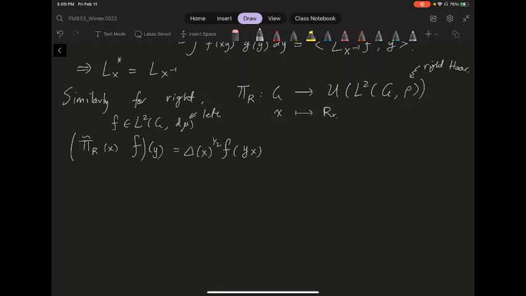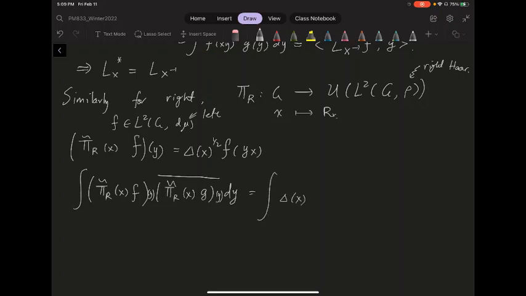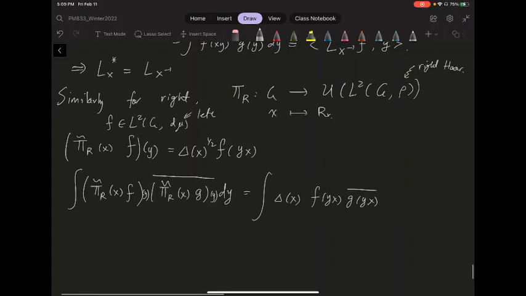All right, and to see why this is a unitary, you can just integrate, for example, the inner product of π̃_R(x) f with π̃_R(x) g conjugate. So you take the inner product of these two, with dy. You evaluate at y for each of these functions, and what you have is that you integrate, with Δ(x) on the outside, and then f(yx) times g bar of yx dy.